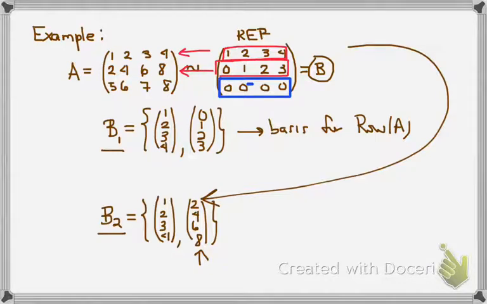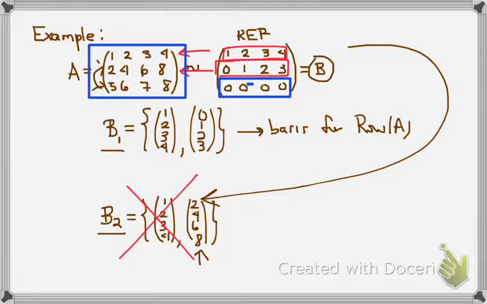So it turns out that when I performed row operations, there was an exchange of row 2 with row 3. Because of that, the rows have moved location. So you don't want to go back to the matrix A to find the row space. You always want to take it from the matrix B, which is the matrix in row echelon form. So again, this B2 would not be a basis for the row space of A.